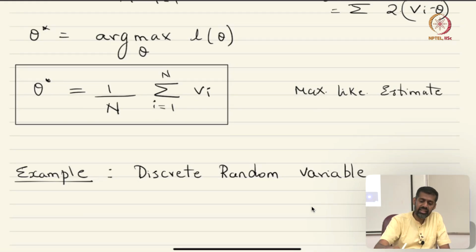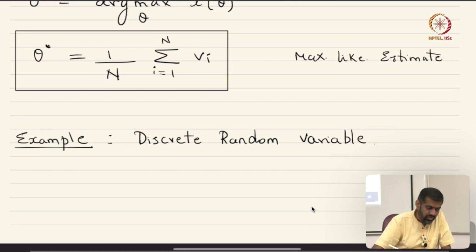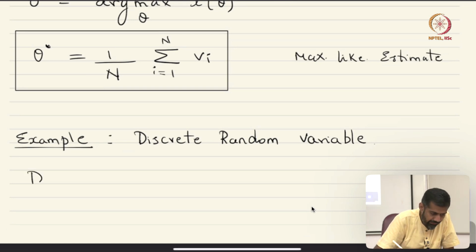So now let us take the example of a general discrete random variable where D is V1, V2, up to Vn.